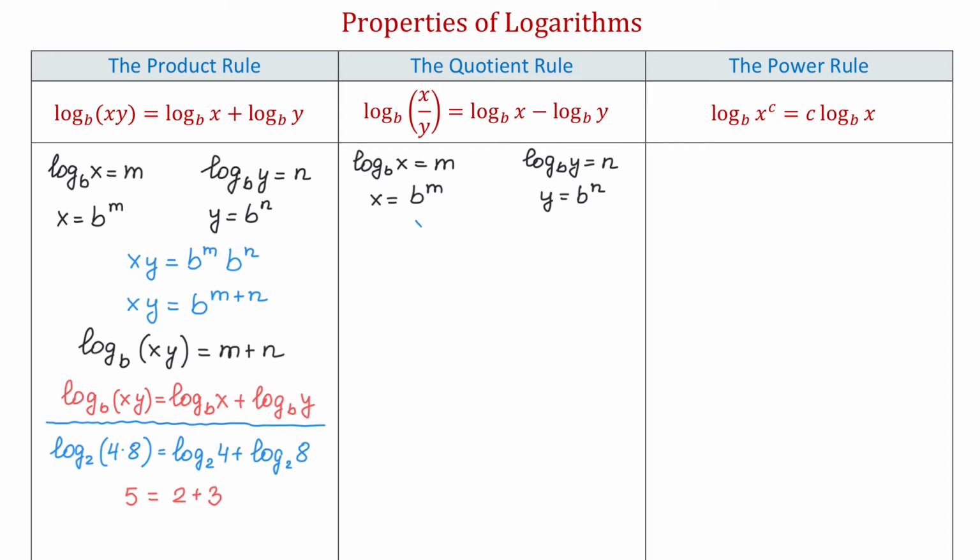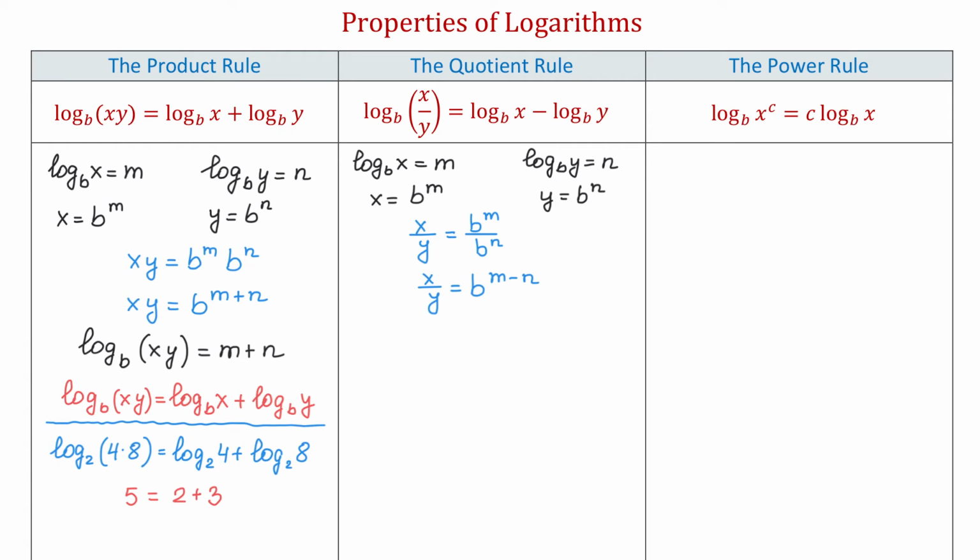Then let's form the quotient x over y and replace x with b to the m's power and y with b to the n's power. Then on the right side, when we divide these two expressions, we need to subtract the exponents. Then x over y will be equal to b to the power of m minus n.